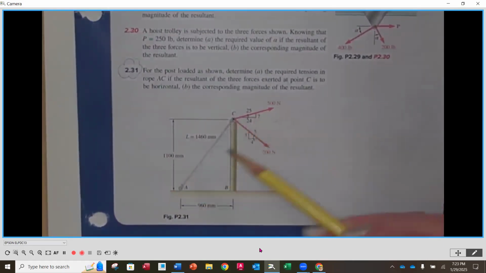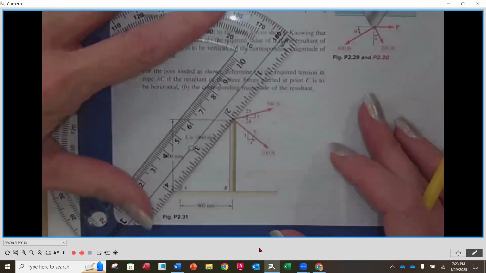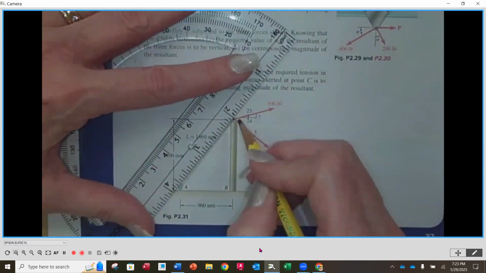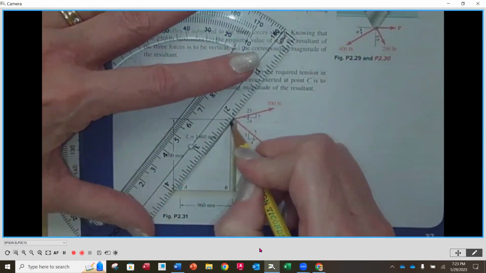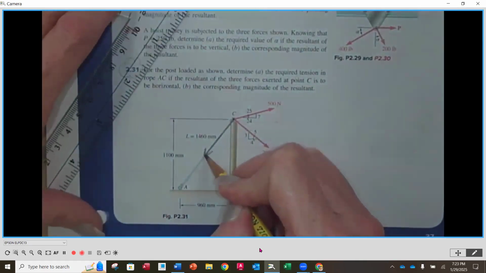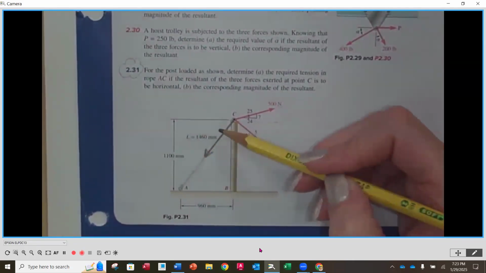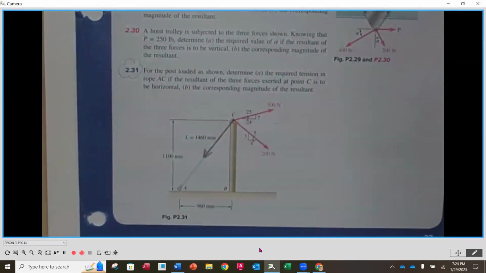So here is this one. You're going to draw another force along here. Okay. Now, in this case, they're not giving you angles, but they're giving you the slope of the line so you can calculate the angles.